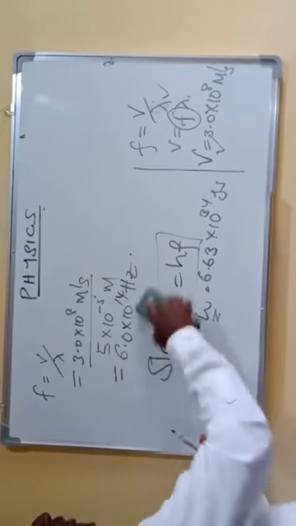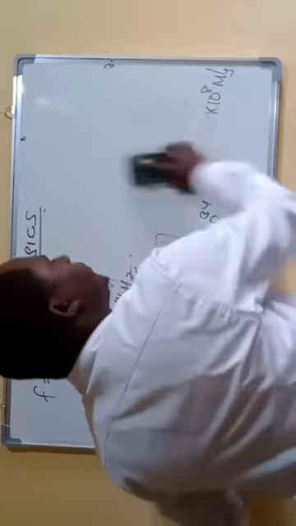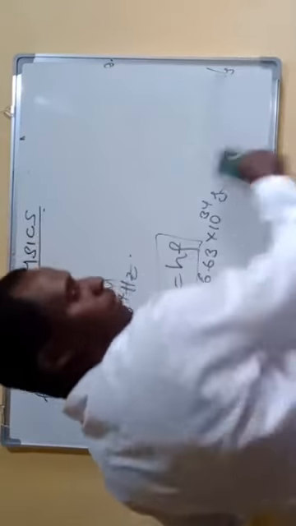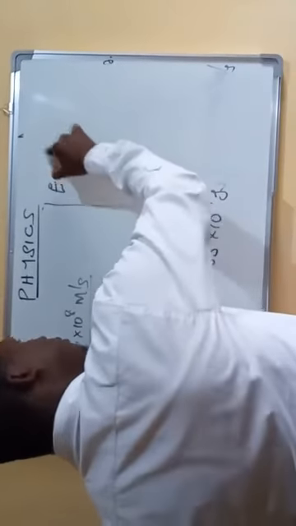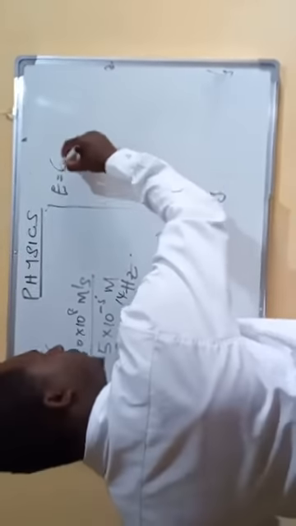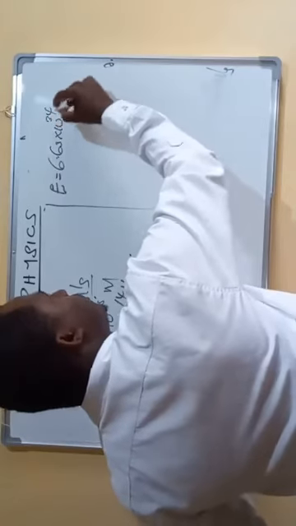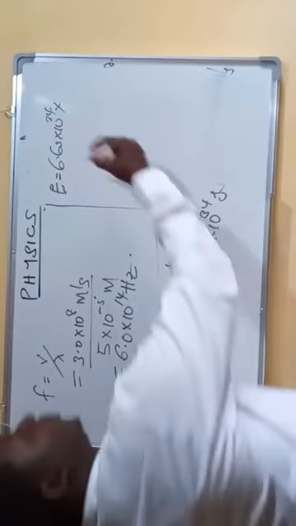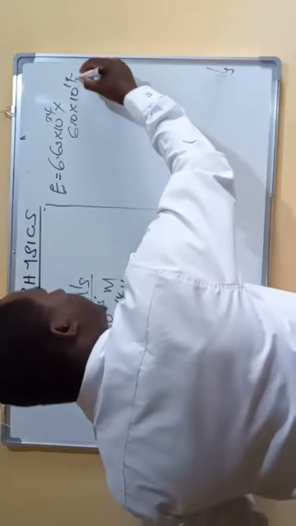And now that we have our frequency, we can get the energy. Our energy will be given by E is equal to hf. We have Planck's constant, 6.63 times 10 to the power negative 34 joule seconds, multiplied by 6.0 times 10 to the power 14 hertz.